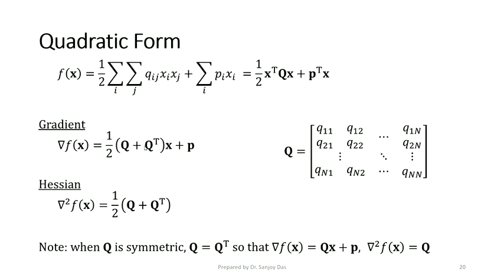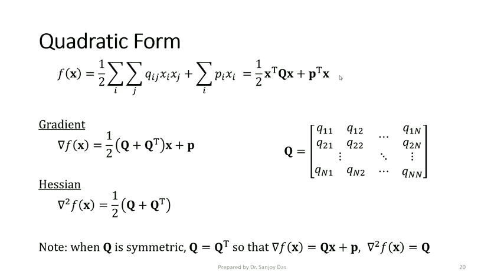Q and Q transpose are the same, right? Q transpose equals Q. So the gradient reduces to half of Q plus Q, which is Q, right? So Qx plus p, this is the gradient. And the Hessian becomes Q. Always remember this, okay?